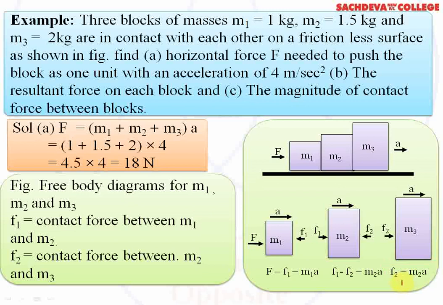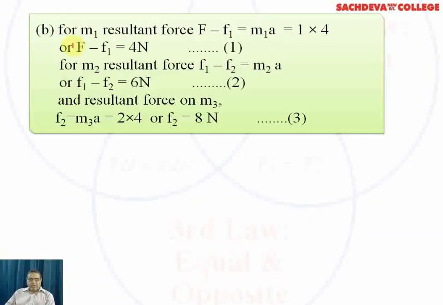So in the free body diagrams for M1, M2 and M3, F1 is the contact force between M1 and M2, and F2 is the contact force between M2 and M3. Now in part B, the resultant, as I have explained earlier, is F minus F1, and that is 4 newtons by putting the values, and we mark it as equation number 1.